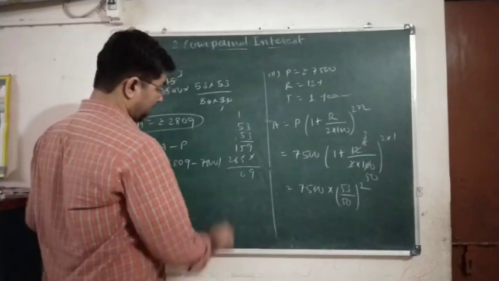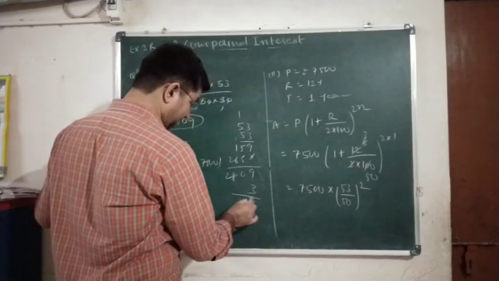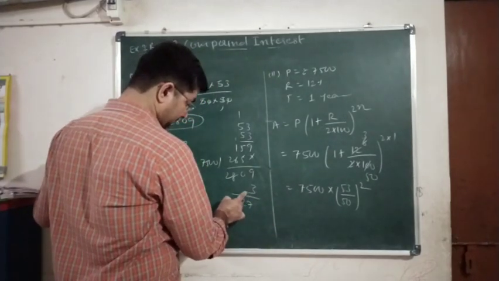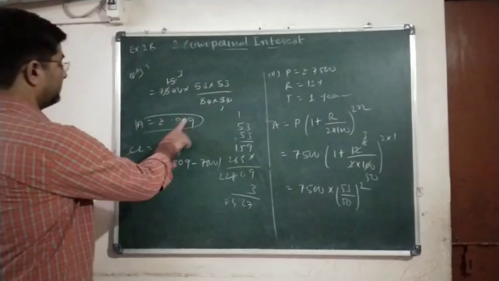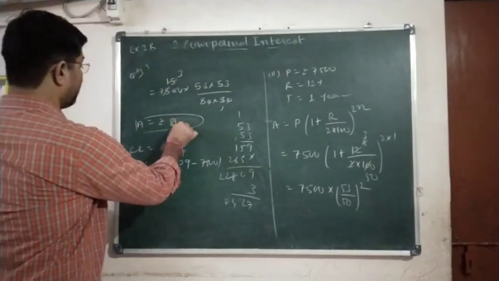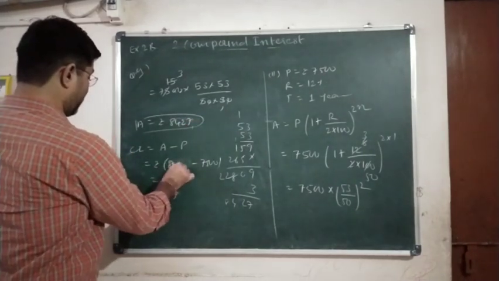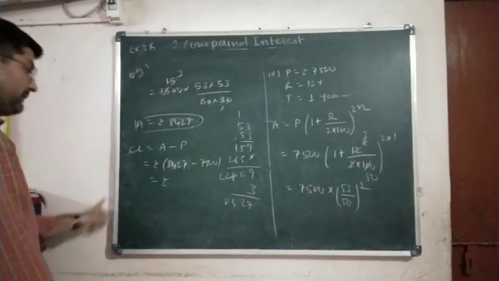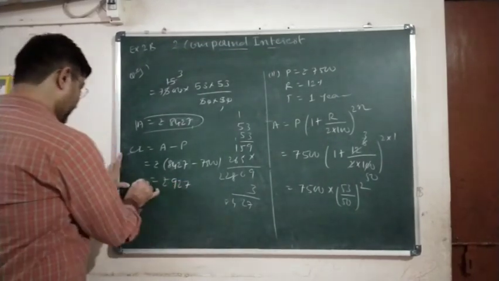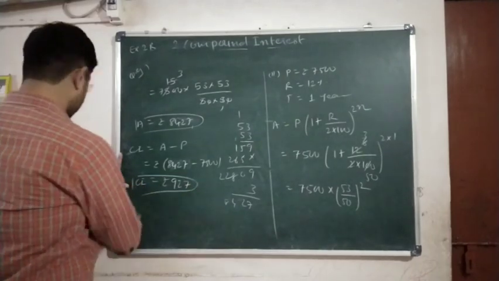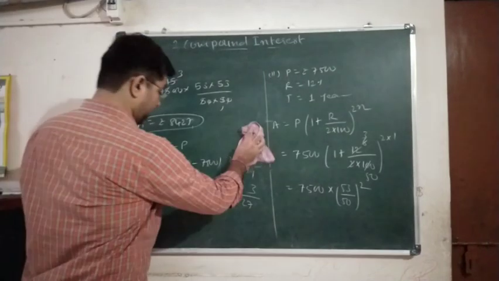Okay, multiplied by 3. 2809 3 are 3 9 are 27. Okay, and 8 3 are 24, 3 2 are, okay, 8427 will come. Yes or no? 8427. So we have 8427 minus 7500. So 927 will be the compound interest. Clear? So this was an easy question.